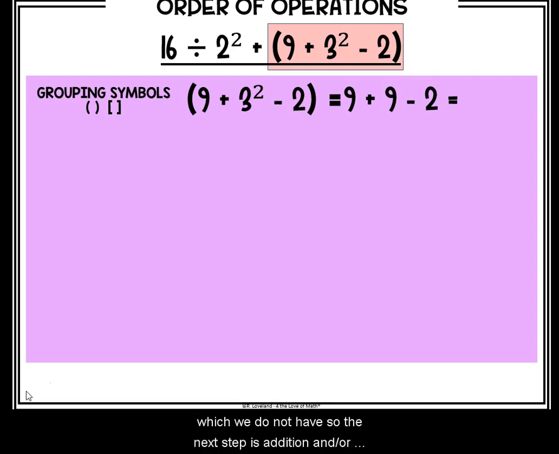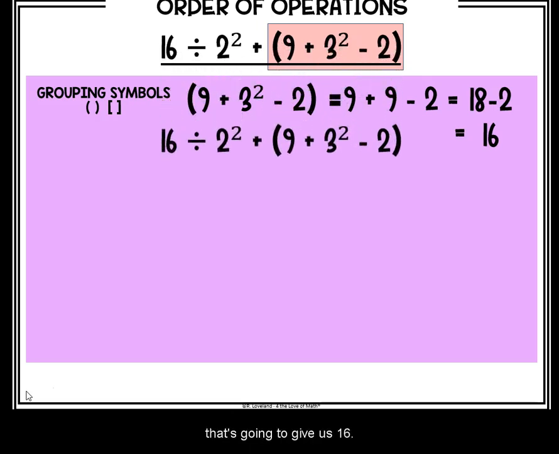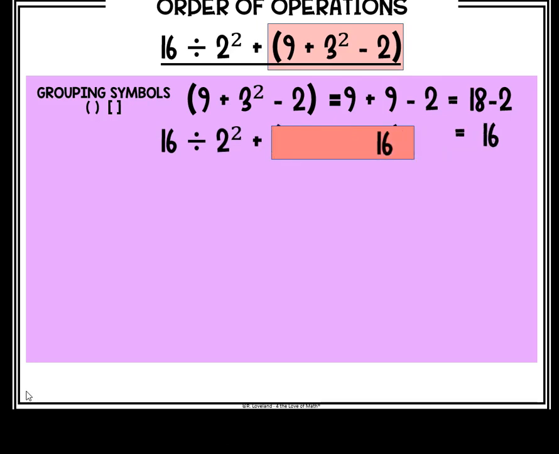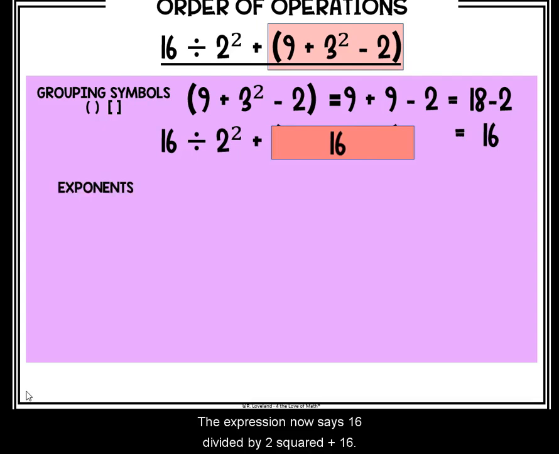So the next step is addition and or subtraction. We do the addition, and then the subtraction, and we find out we have 18 minus 2, and that's going to give us 16. So now we replace everything in the grouping symbols with that 16. Our expression now says 16 divided by 2 squared plus 16.